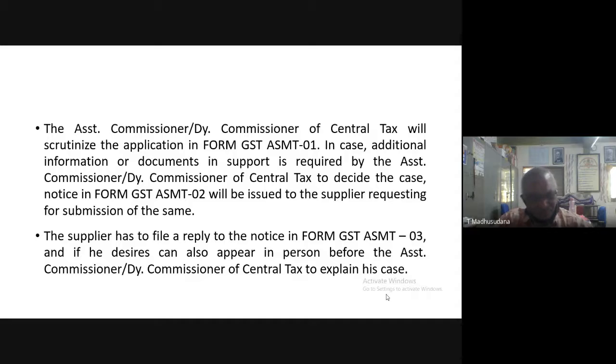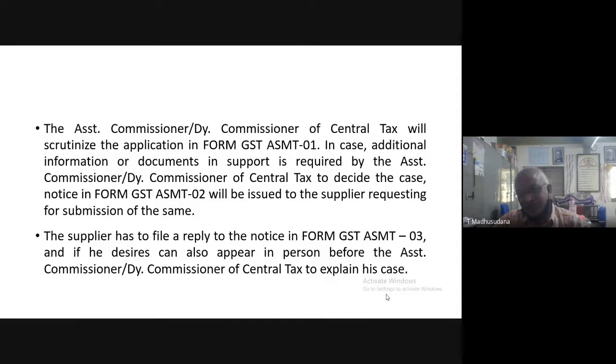And he can submit this GST assessment 03 through online only. Everything is online. Whatever notices are sent by the GST department, it is only through the GST portal. The customer has to give the reply through the GST portal only. Only online correspondence. No physical correspondence is required.